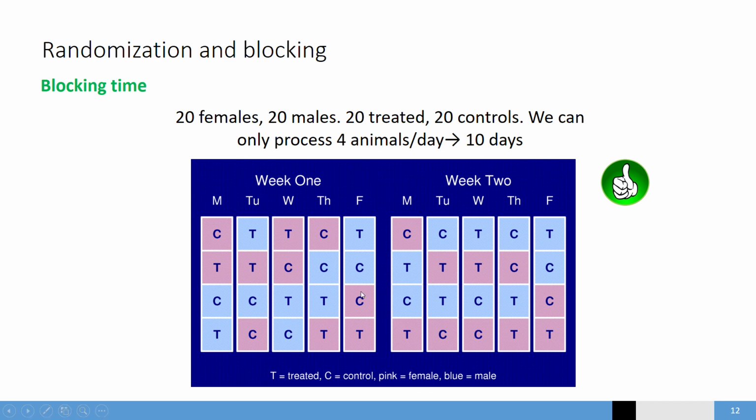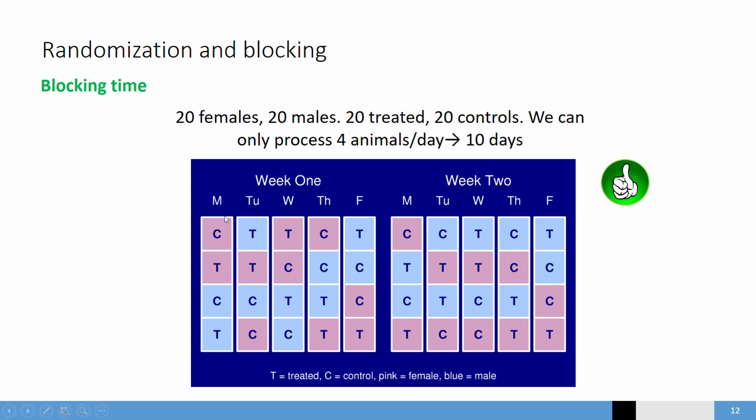Another reason to block days is that maybe weather affects our measurement, or humidity, or whatever. If some days are drier than others, then this could affect our measurement.